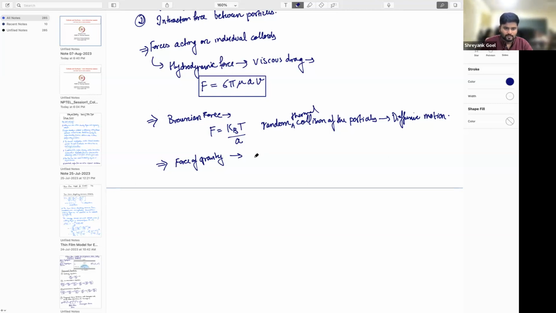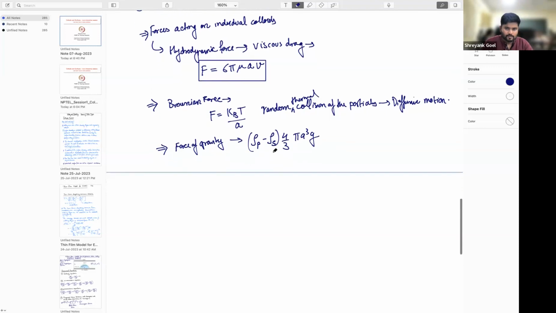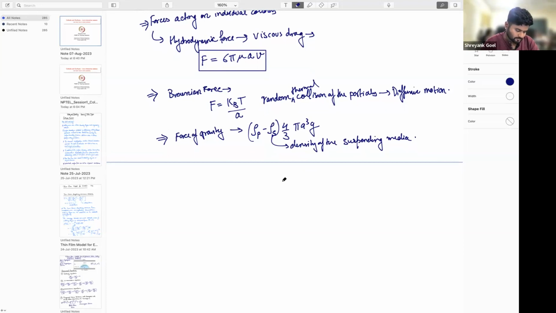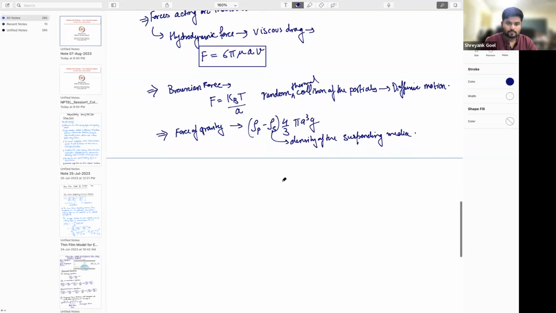That is the buoyant force: the density of the particle minus the density of the suspending medium, times the volume of the particle, 4/3 pi a cubed, times g. Here rho s is the density of the suspending medium.